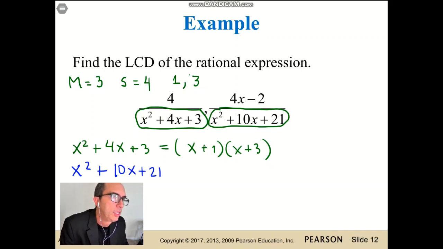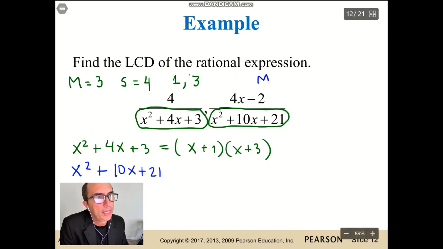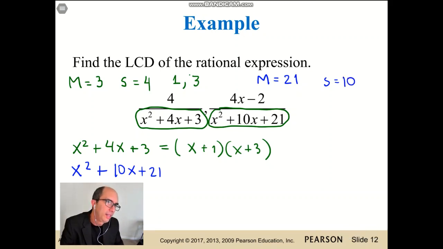We need to find two different numbers that multiplied is equal to 21 and sum equals 10. Think, and I'm thinking here 7 and 3, because 7 times 3, 21, and 7 plus 3, 10.